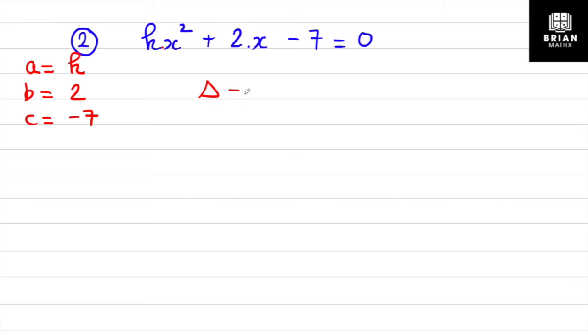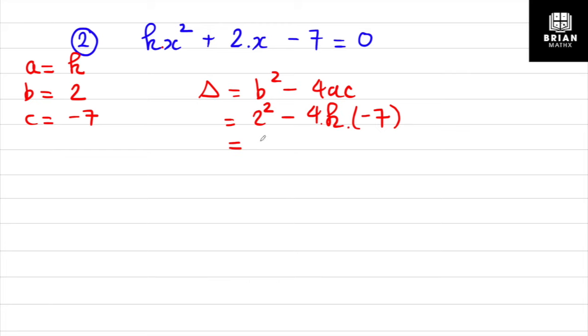And for the discriminant, you got b squared minus 4ac. And b squared means 2 squared minus 4 times a and c. You should write down negative 7 in this position because c equal to negative 7. But you should put negative 7 inside the bracket because it is a negative number. It's not a positive number anymore.